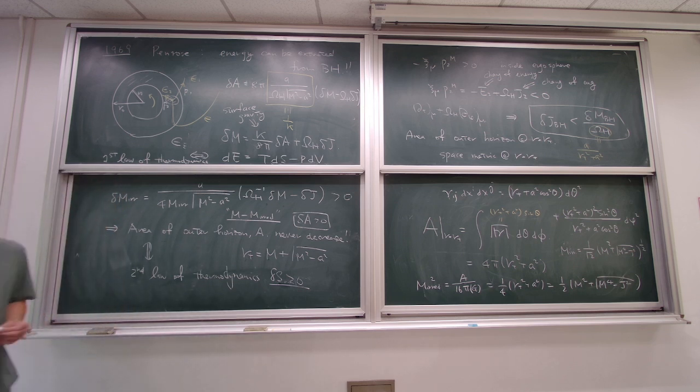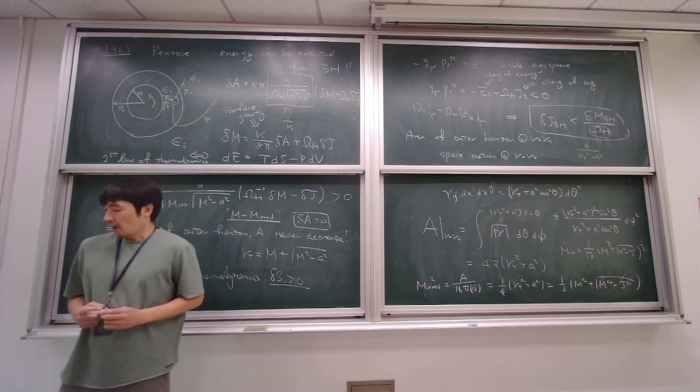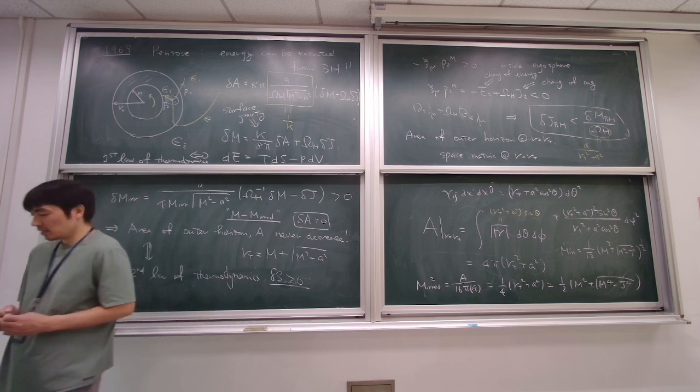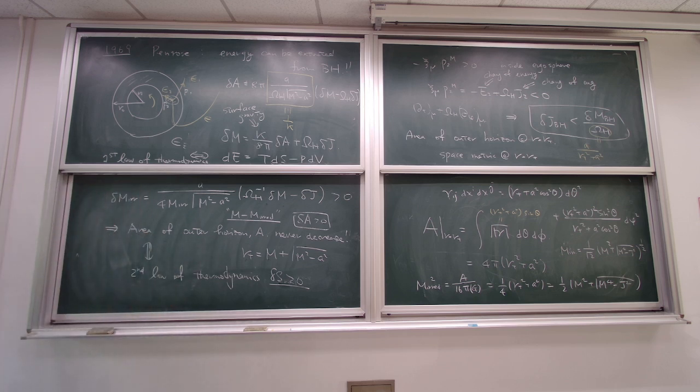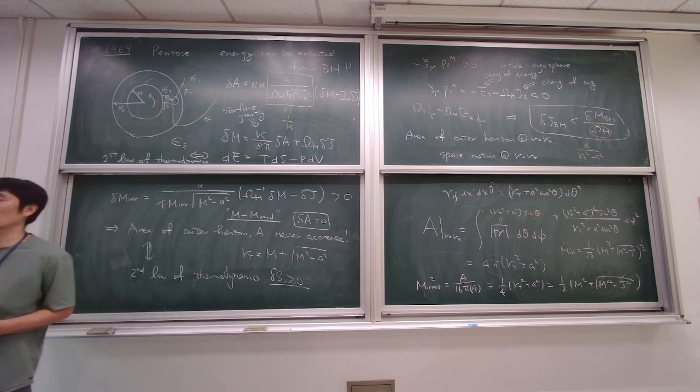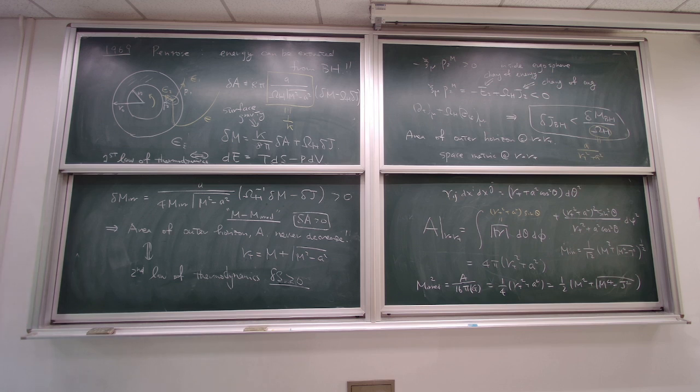That's one way to motivate why we need to think about black hole thermodynamics. If you consider a black hole and the Penrose process, this analogy naturally appears in the end. Any question at this moment?